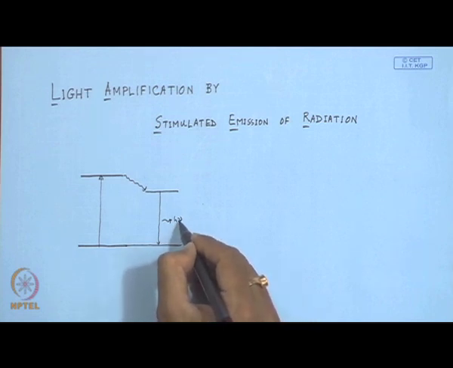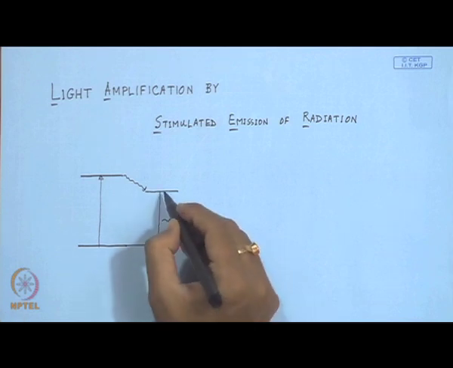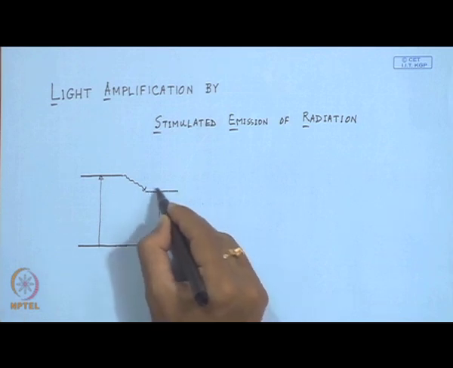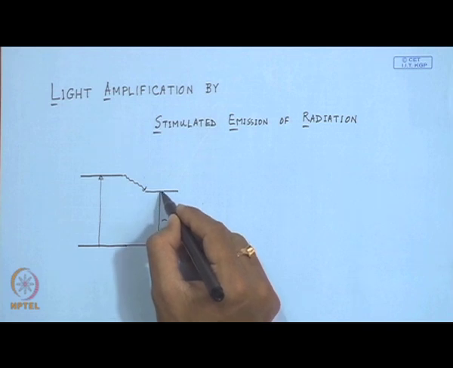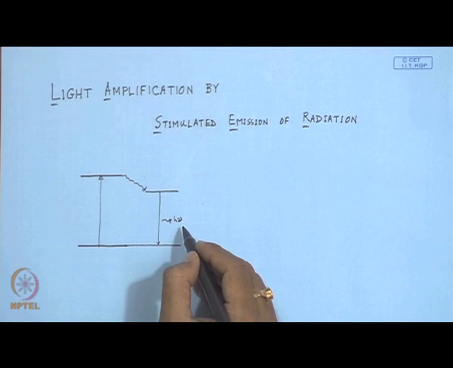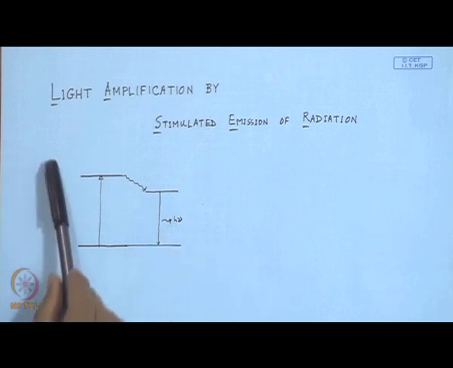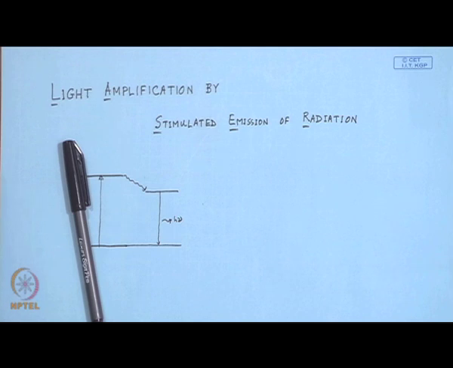If you can feed this photon back here, it will stimulate another system to come back. So, it is a cascading action, and therefore all the population will suddenly come down, giving rise to a huge number of photons, which is basically called lasing. This lasing has specific characteristics, which we will come to one by one.